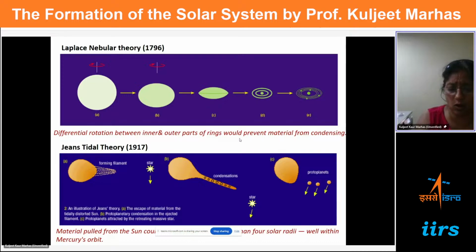If you do theoretical modeling of this, there are many problems. First is that the sun and planets give the same age, whereas here it is not. And second is that you cannot make anything beyond 4 solar radii, which is within Mars's orbit, yet you need to form all the planets. So these didn't work out.